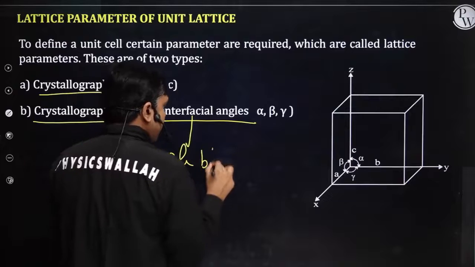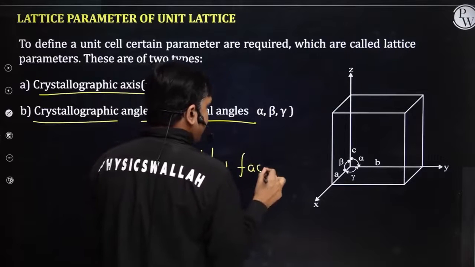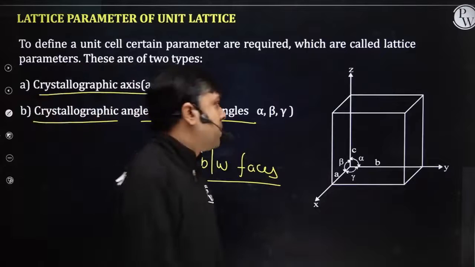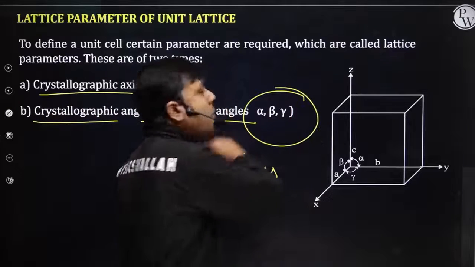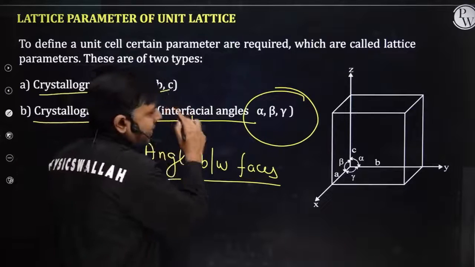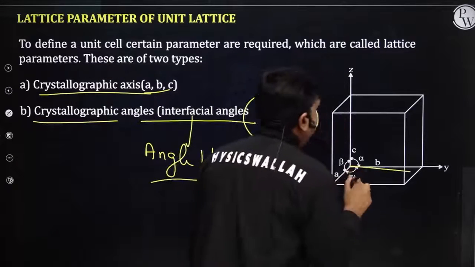The interfacial angles are represented by the symbols alpha, beta and gamma, whereas the edge lengths are represented by the symbols a, b, c, that is length, width and height.